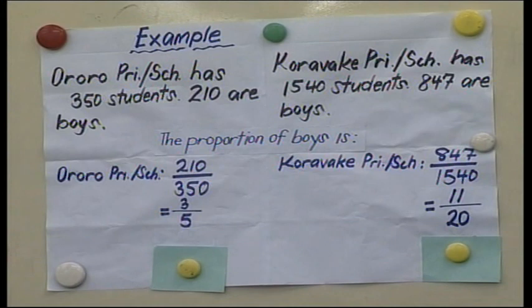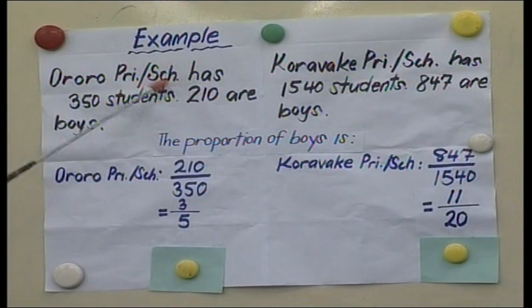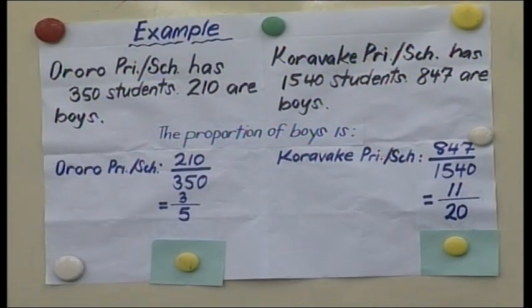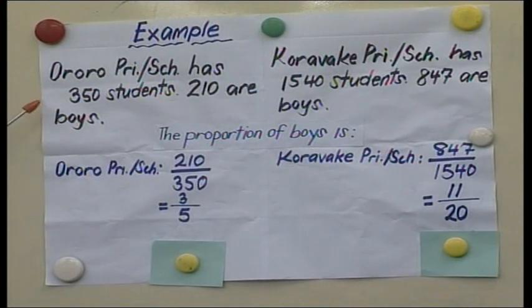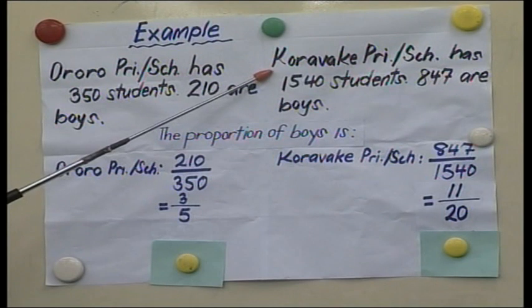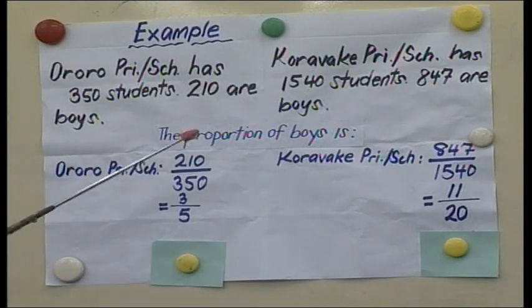Students, here on the board I have an example. This example is all about the number of students in a school and the number of boys each school has. We have two schools here. Students, what are the names of the two schools? And what is the other one? Korawake Primary School. These are the two schools.